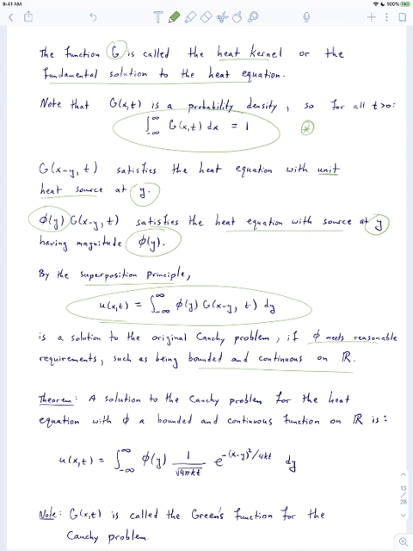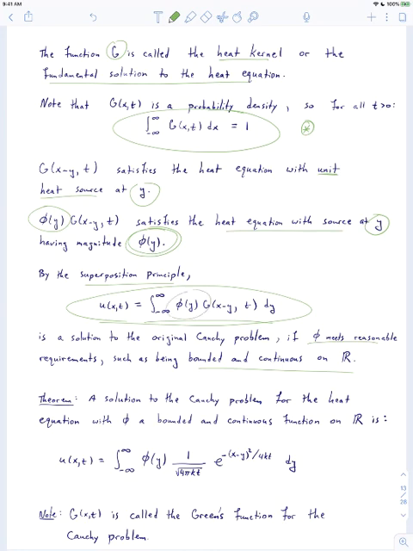And then we can multiply by the magnitude, which is our w sub 0 essentially. But we're calling that phi at y because it depends on y. And the magnitude is given by this function phi at y. And then basically you add them all together. Now again, if you have a continuum, the way you add things together is by integrating. But what this gives you is a solution to the original problem, where phi was our initial condition.